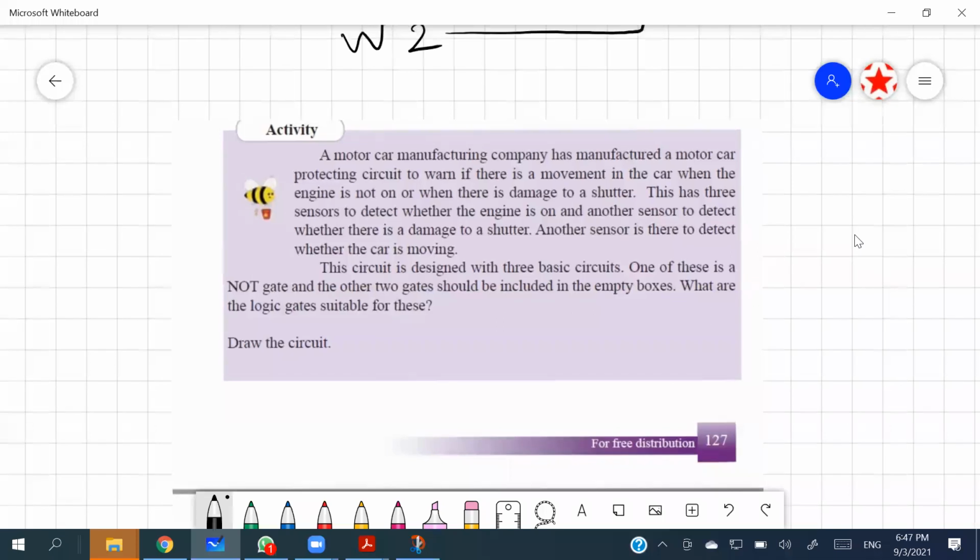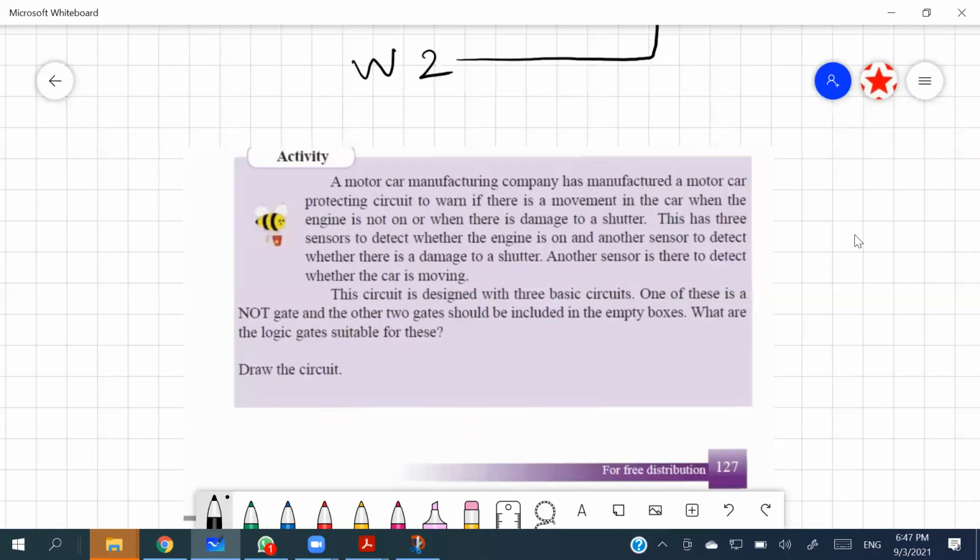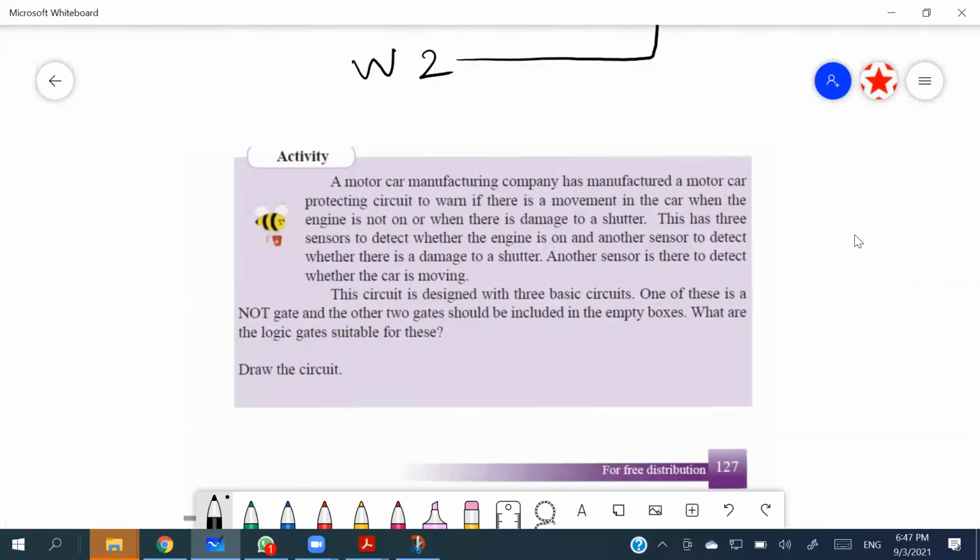Right. Now in the question it says a motor car manufacturing company has manufactured a motor car protecting circuit. Gavindu, you have to specify what are the places, right? Anyway, no gate is not going to come.